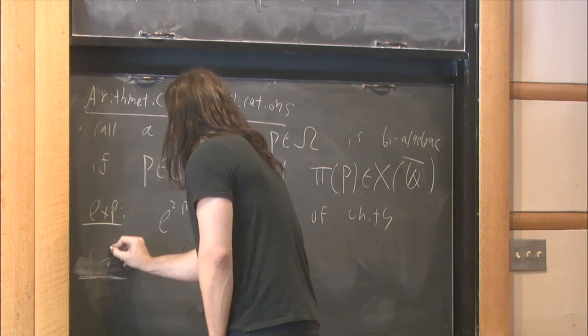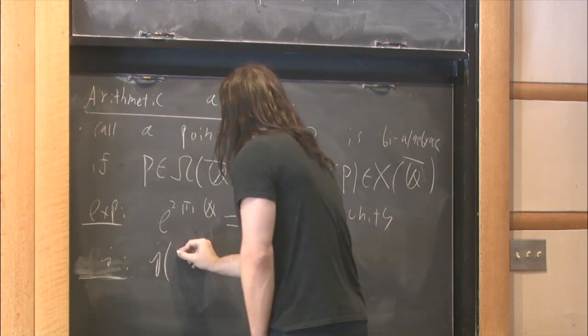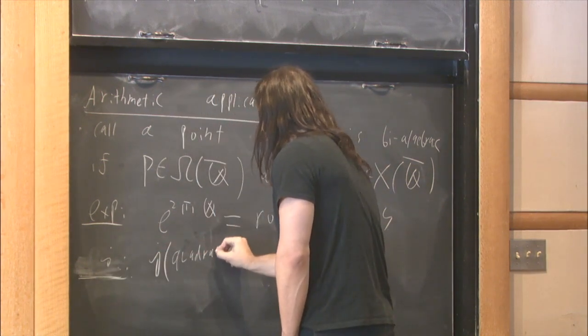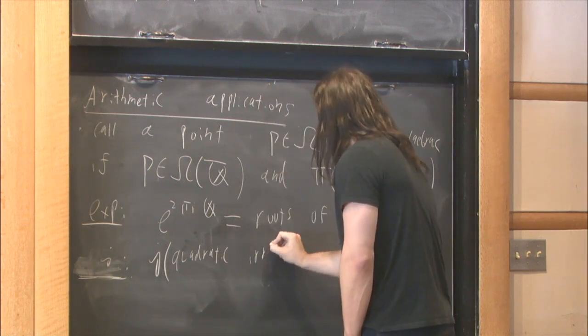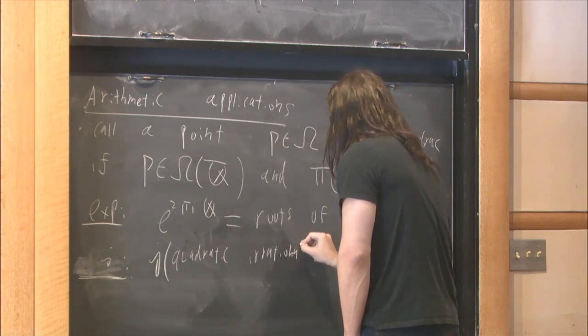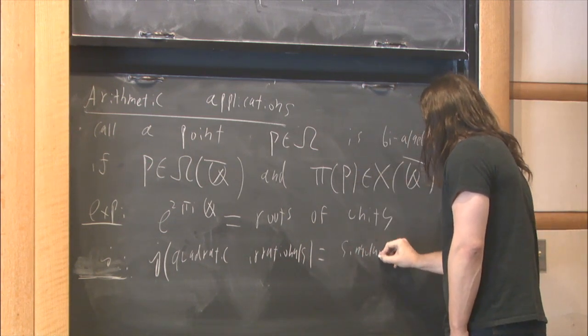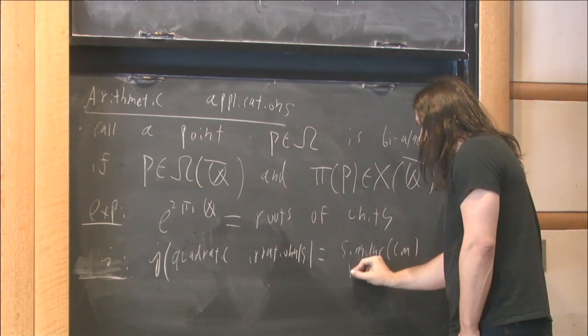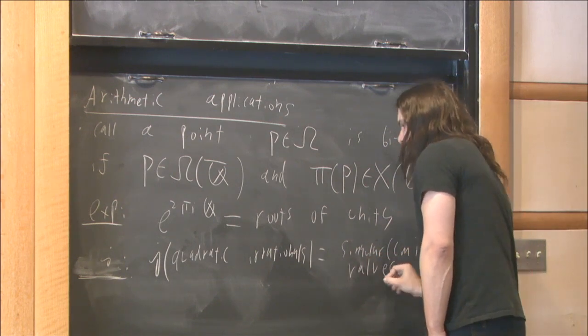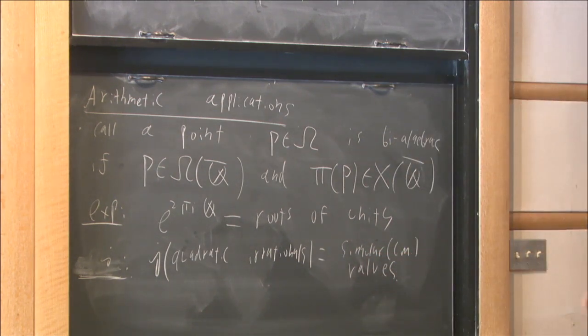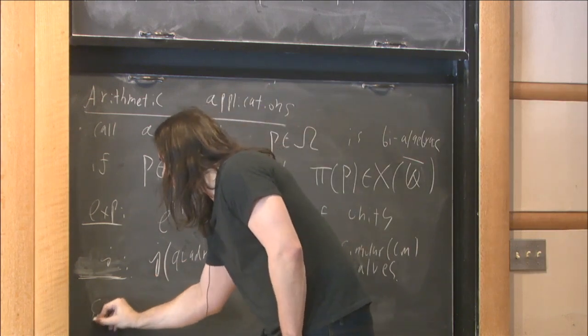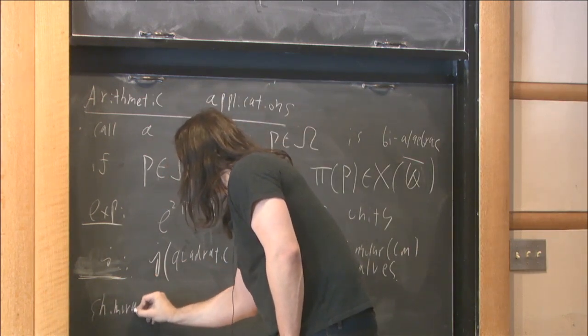So in the J case, if you take J of quadratic irrationals, you get sort of singular values, singular or CM values. So J invariants of elliptic curves with complex multiplication. And in the general Shimura case, you get sort of CM points.